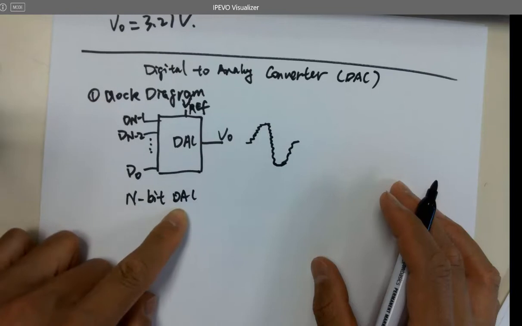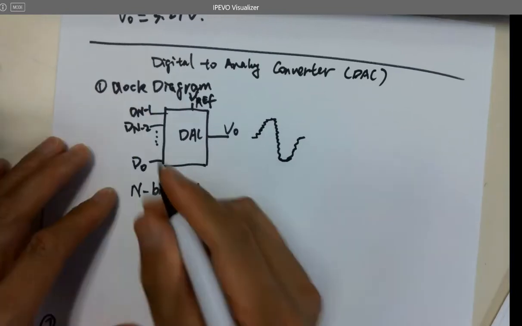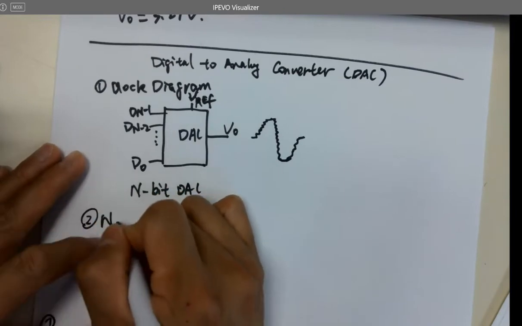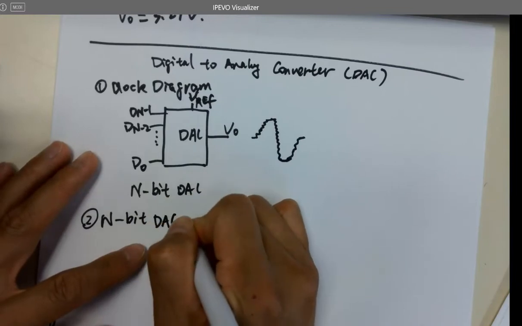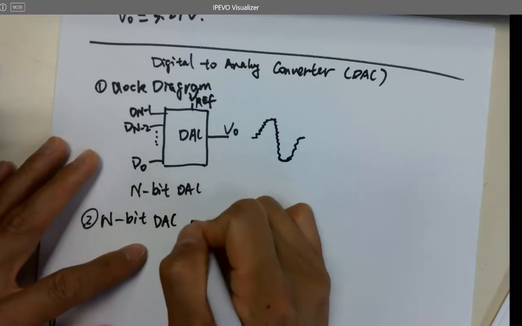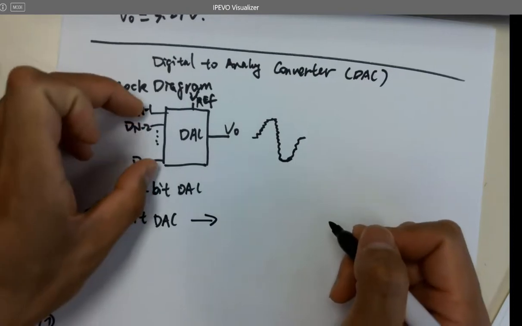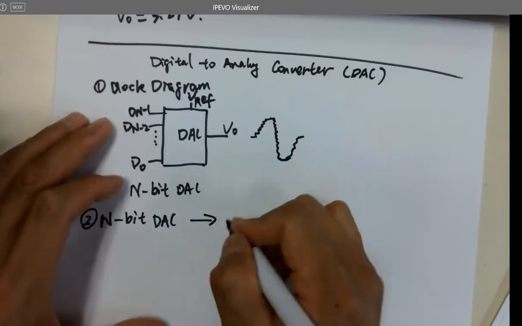That's an n-bit DAC, so this is from D0 to Dn minus 1. So an n-bit DAC has how many input combinations? How many possibilities can you have here as an input?